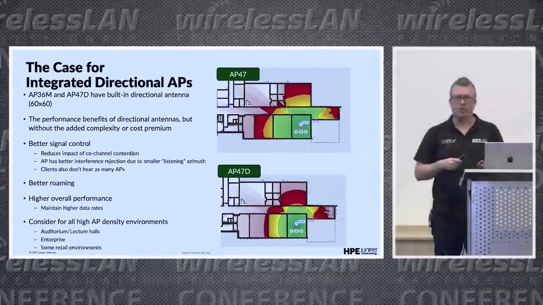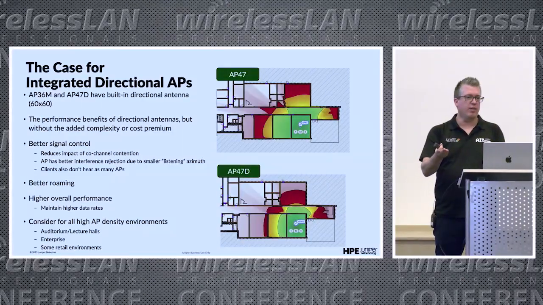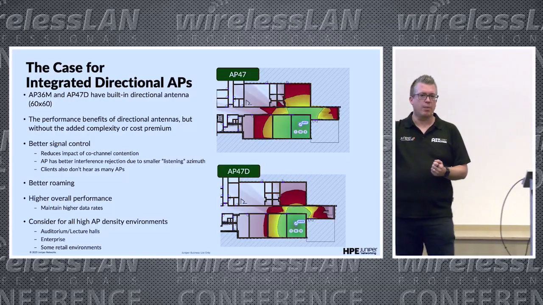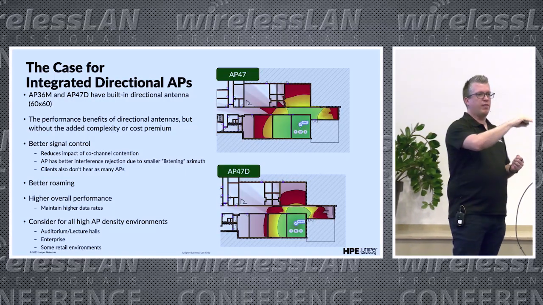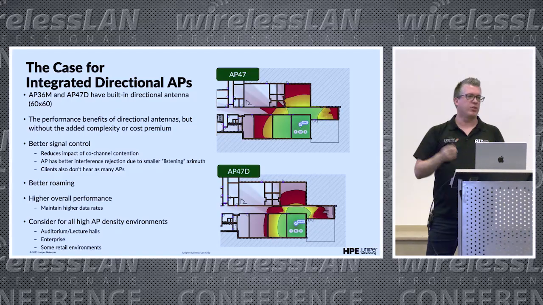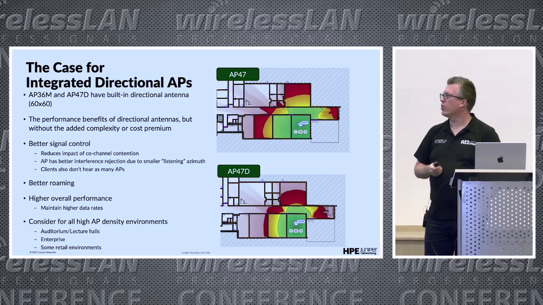You shouldn't be expecting your clients to roam when they're just sitting on the desk like you are right now. And when they do roam, we're seeing a higher maintained data rate and MCS rate. So the consistency of that application usage, maybe it's a Teams or Zoom call, for the person who's roaming is better and more consistent too.